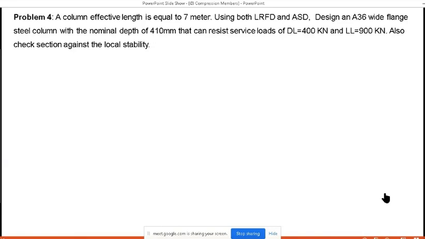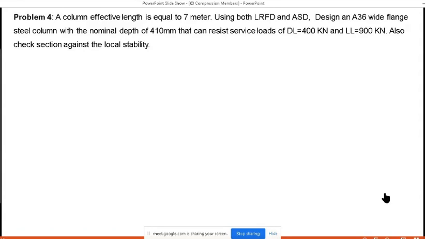So ngayon, magdi-design tayo. So we need to select trial section and check if that trial section is conformable with our compression stresses provision ng ating NSCP. So we have here an example.